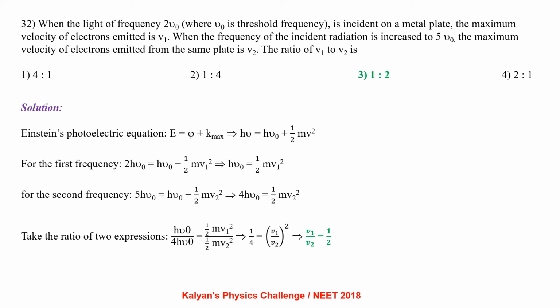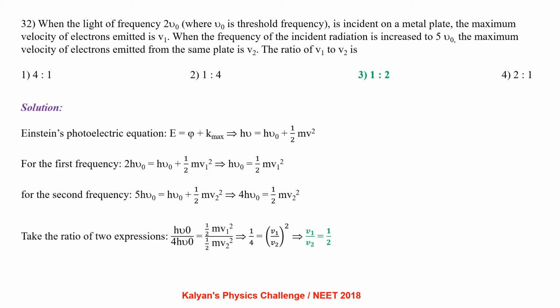Apply Einstein's photoelectric equation E equal to phi plus K max, where E is energy of incident radiation, phi is work function of the metal surface, K max is the maximum kinetic energy of the electrons released. The equation can be rewritten as h nu equal to h nu naught plus half m v square in terms of frequency.